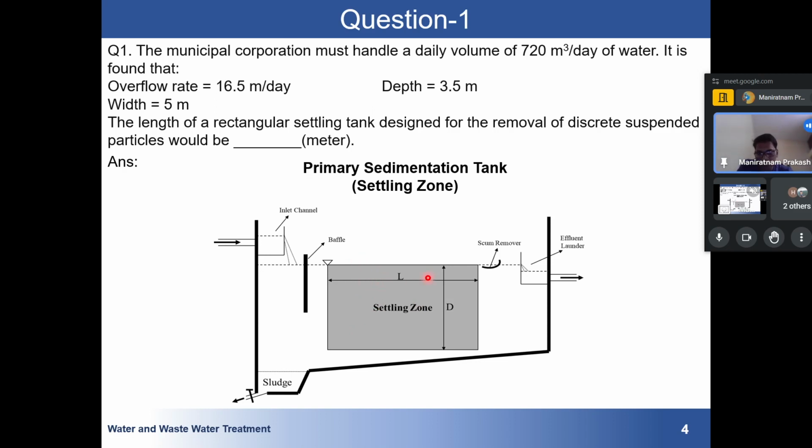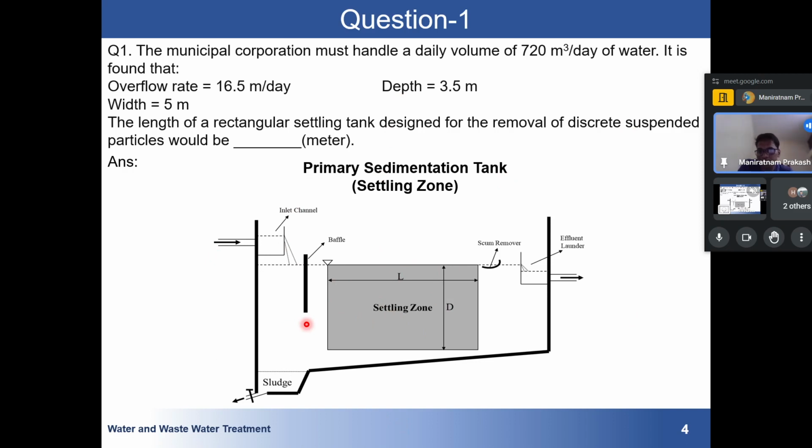When the suspended particle settles down, it settles with some velocity, known as the settling velocity, and that settling velocity plays an important role in designing this sedimentation zone, or primary sedimentation tank.